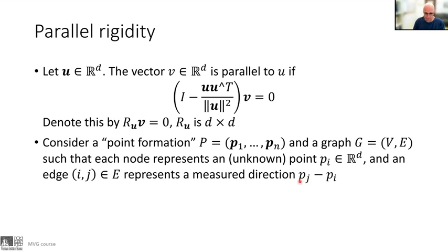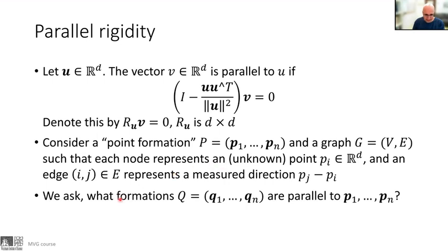This is what we call a point formation. Now what we ask is which formations Q1 to Qn are parallel to P1 to Pn. Given P1 to Pn in the graph, we want to know which set of points Q1 to Qn are parallel.